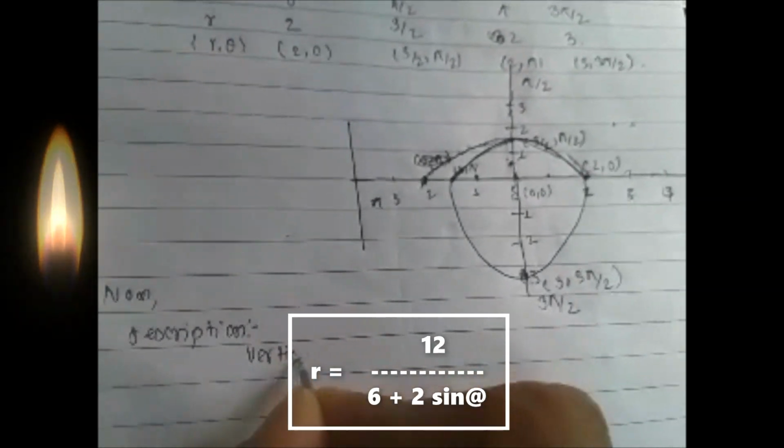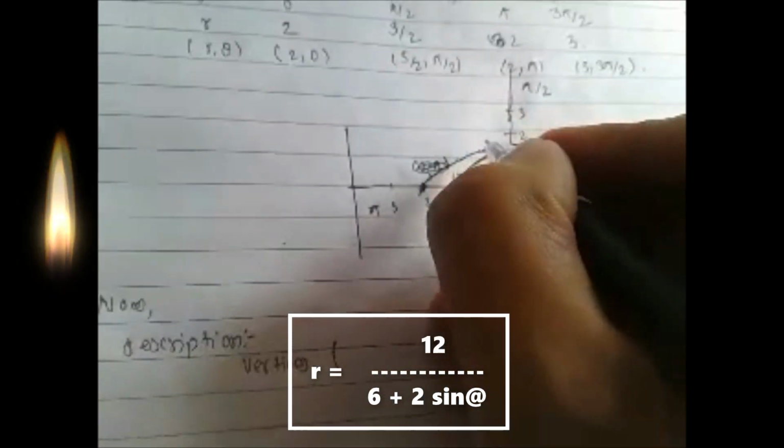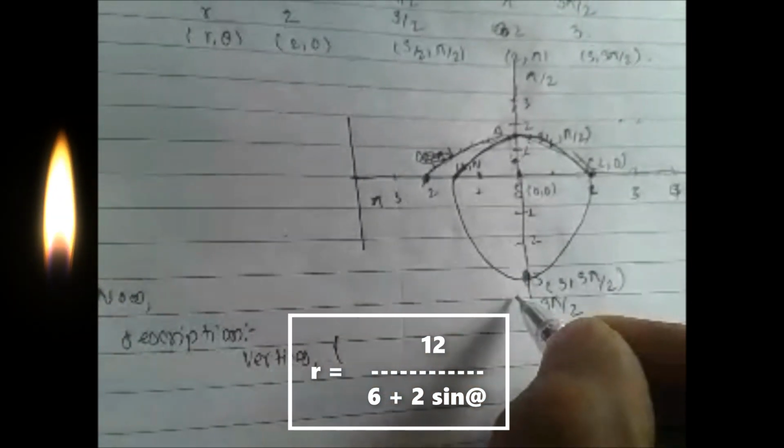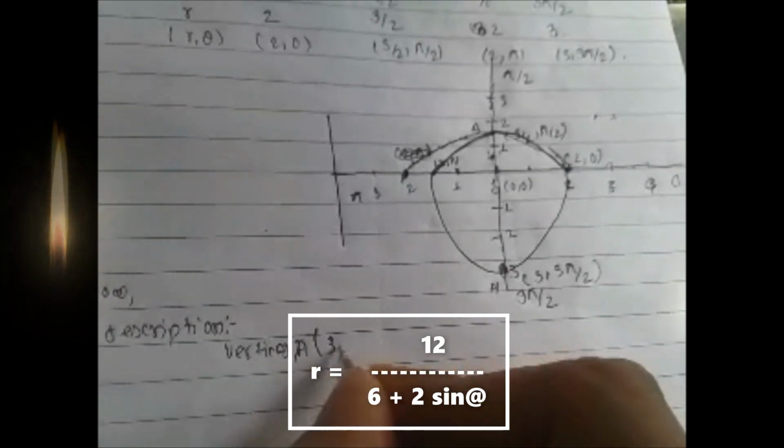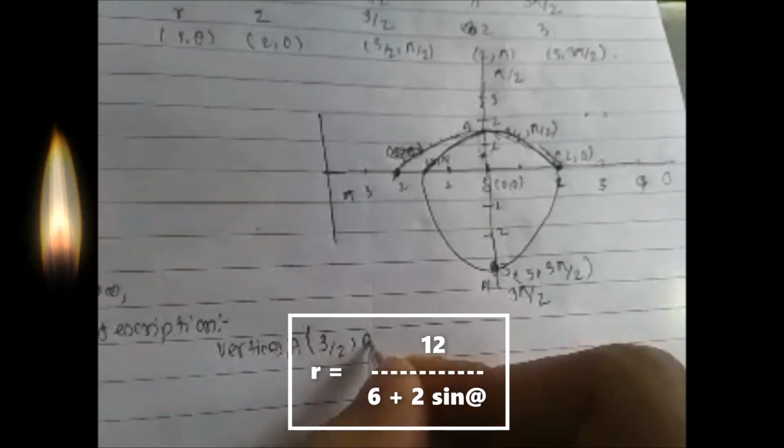what are our vertices? Let us name them A and A'. Our vertices A is 3 by 2 comma pi by 2, and A' is 3 comma 3 pi by 2.